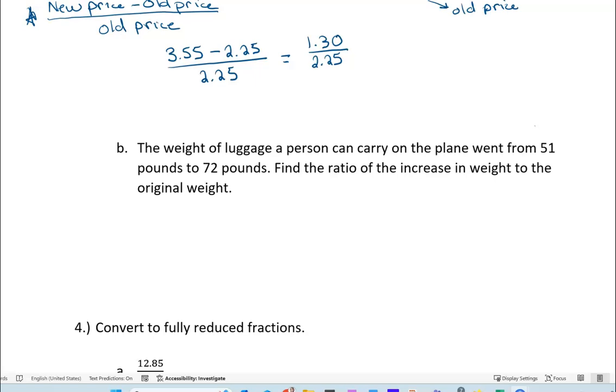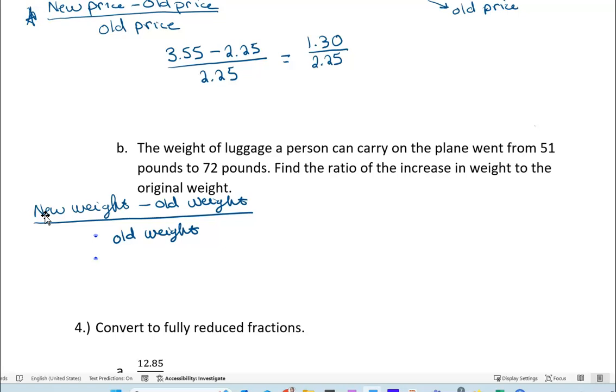So that means that the setup is going to be the same. So we have the new weight minus the old or original over the old or original.